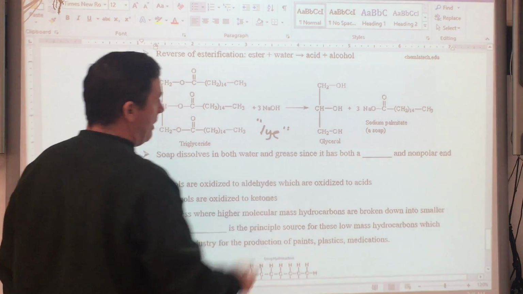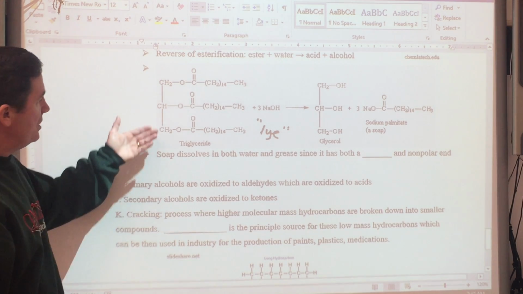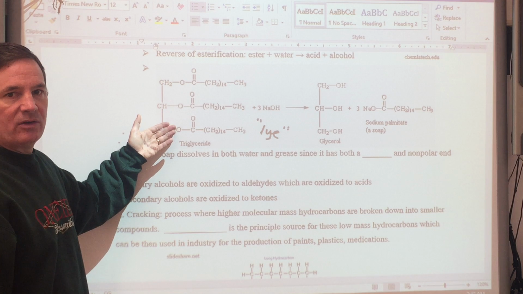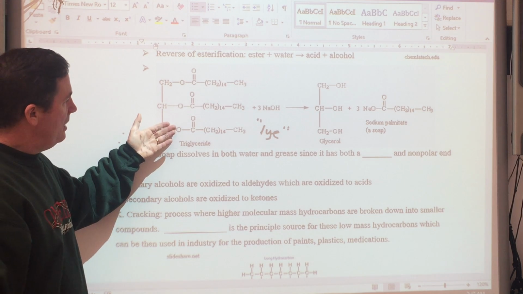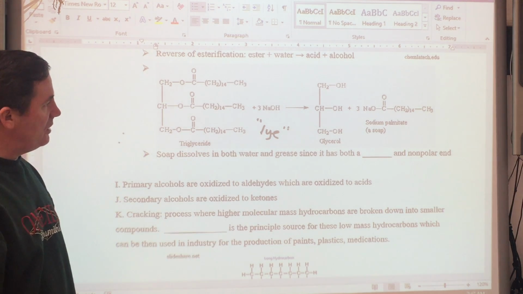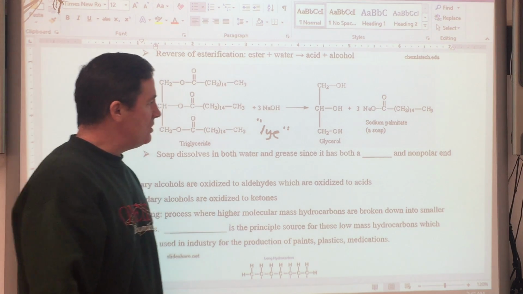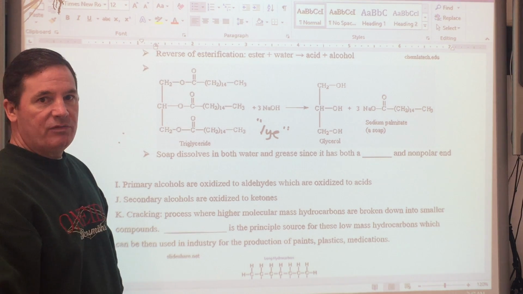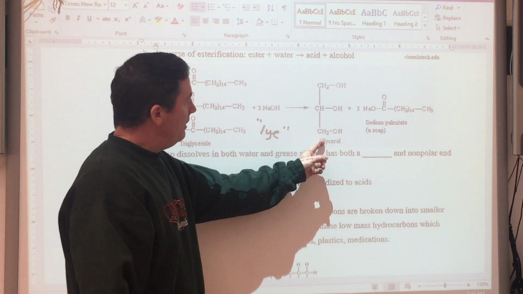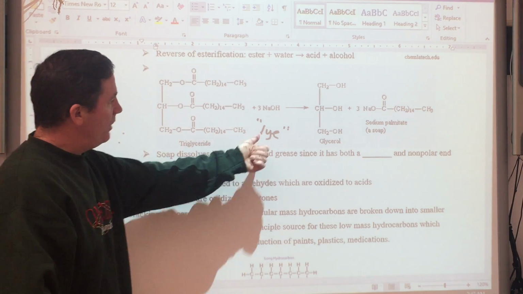This was commonly known as lye. So in old-fashioned days, they would take fat from an animal, a pig or a cow, and they would mix it with lye, which is sodium hydroxide, which you actually could make pretty easily from ashes from a fire. And then glycerol is made, and then soap. So that's how you make soap.